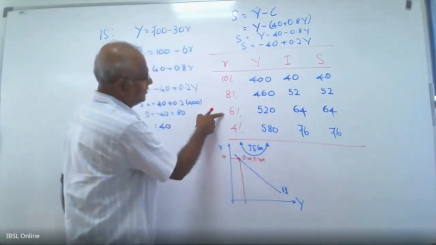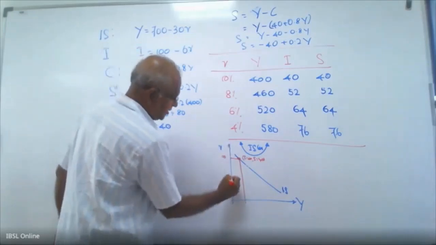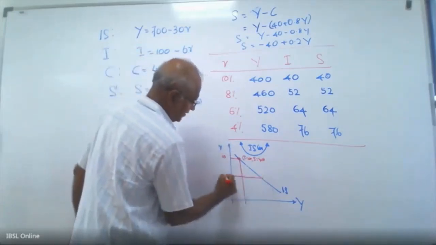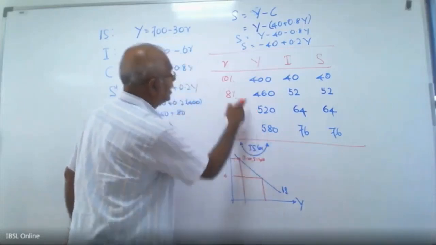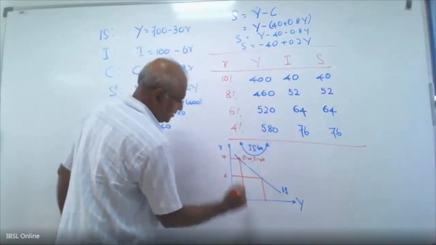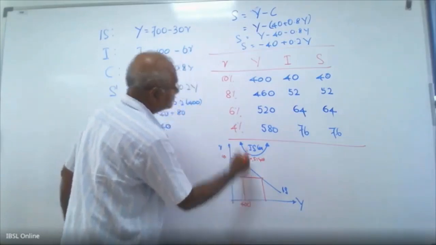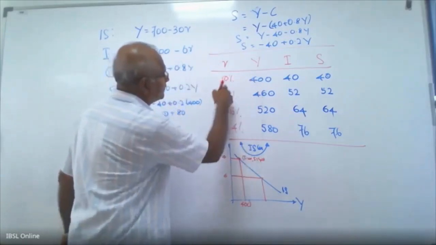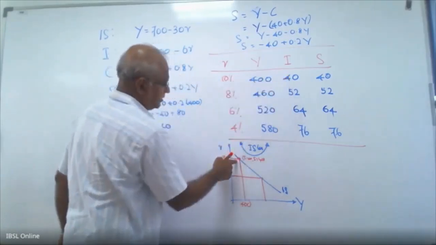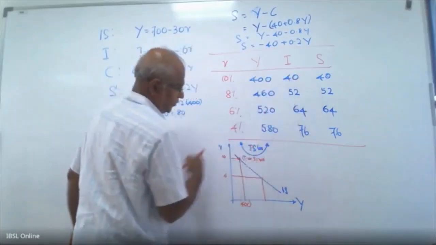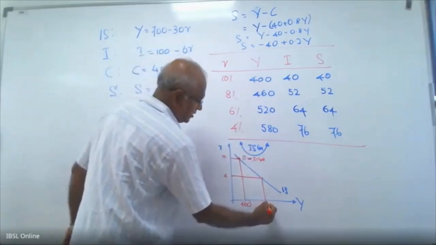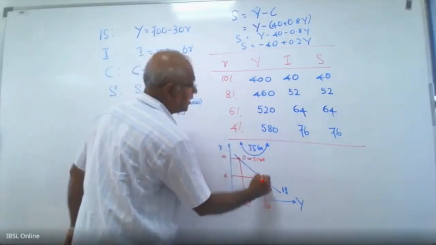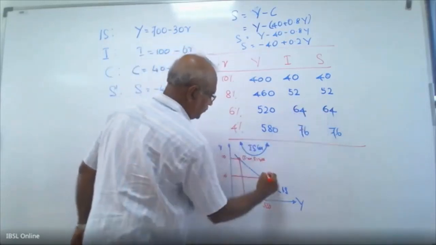Let's say interest rate 6%, income 520. Again, at this point, what will happen? Investment and savings are the same, 64, 64.